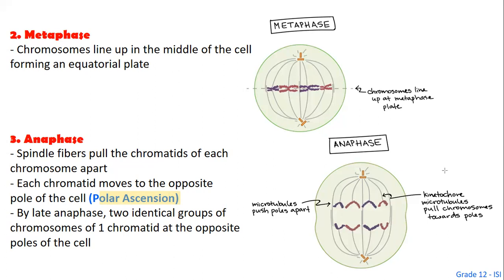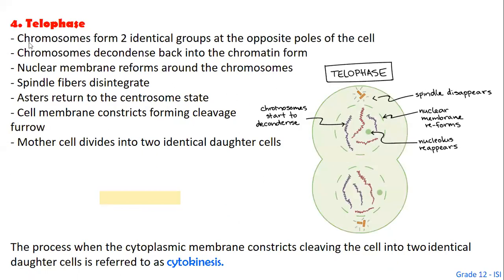After anaphase comes telophase. Telophase is the last phase of mitosis. In this phase, what happens is the opposite of what happened during prophase. During prophase, the nuclear membrane disappeared. Here, the nuclear membrane is reappearing, as you can see in the picture.